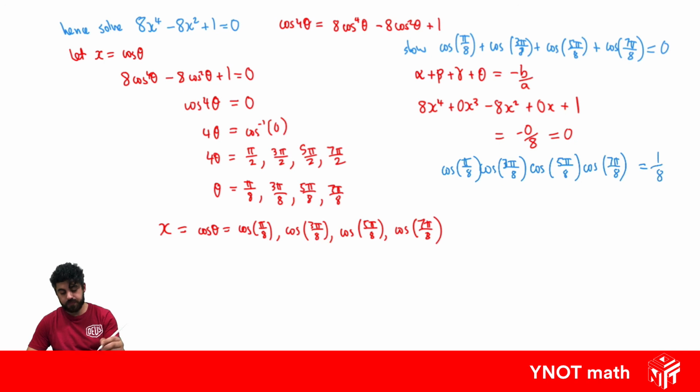Now this is just the multiplication of the roots, and we get alpha, beta, gamma, and theta if they're the roots. And in a quartic equation, the product of all the roots just equals e over a. And in this case, we get e as 1 and a as 8, and we've successfully shown that the multiplication of all of those roots is 1/8.